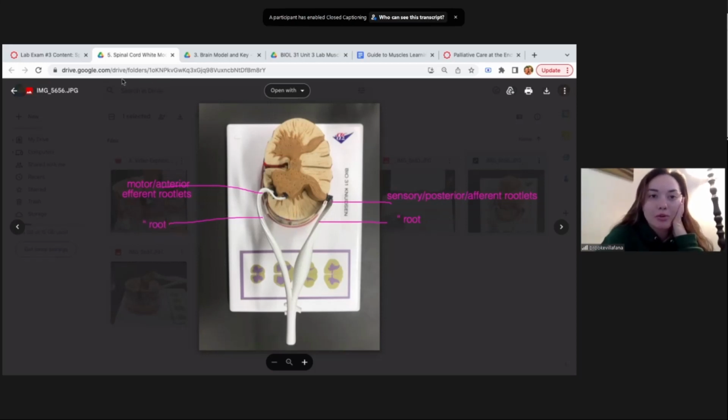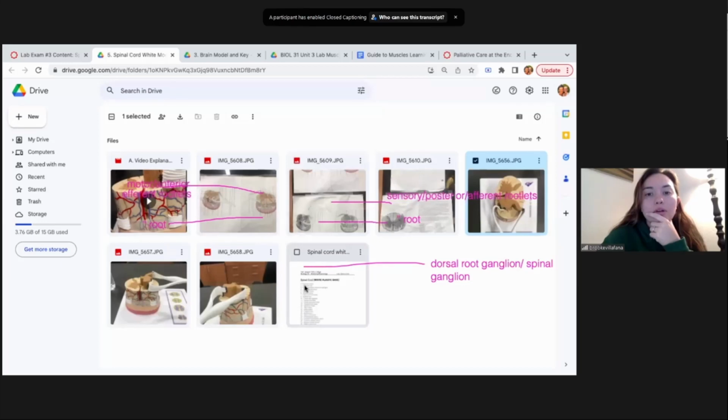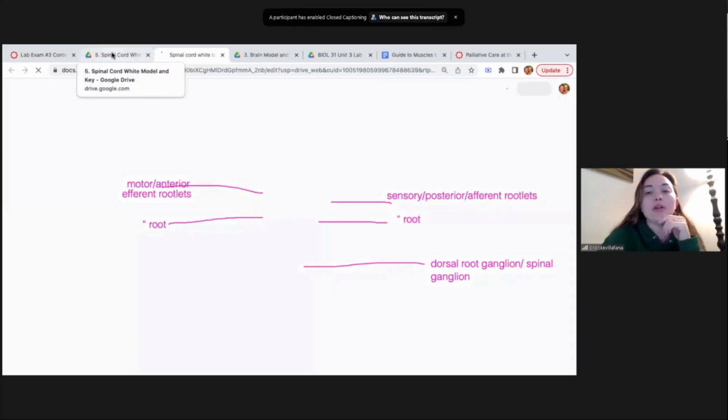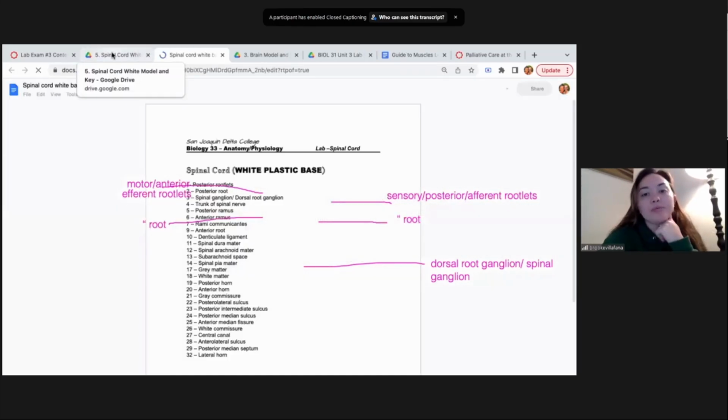And then we have our dorsal root ganglion, also called the spinal root ganglion or spinal ganglion. So you could see it named differently on your exam, right? So don't get thrown off on the exam if you see it differently.